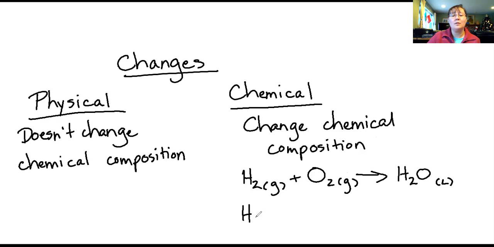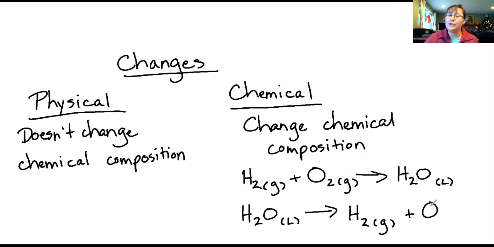However, you can also take water, apply an electric current, and separate it into hydrogen and oxygen. I'm just going to balance this. And you don't have to worry about that just yet because we won't be balancing chemical equations until chapter 3.